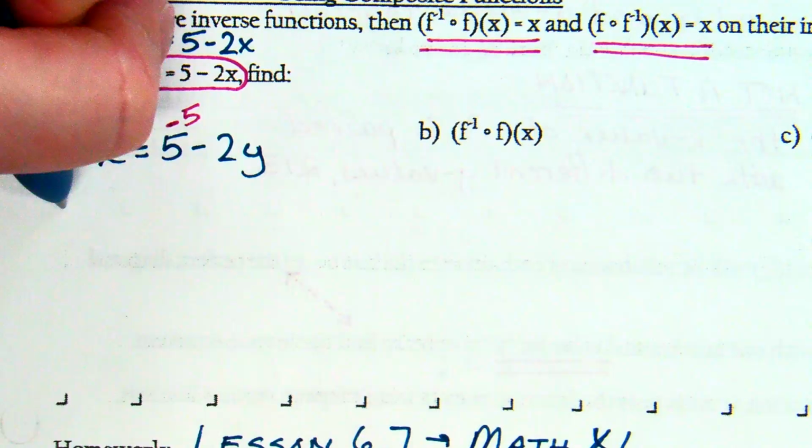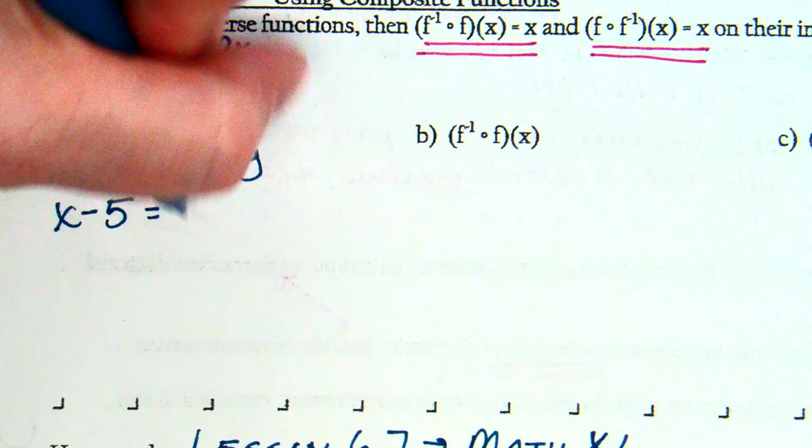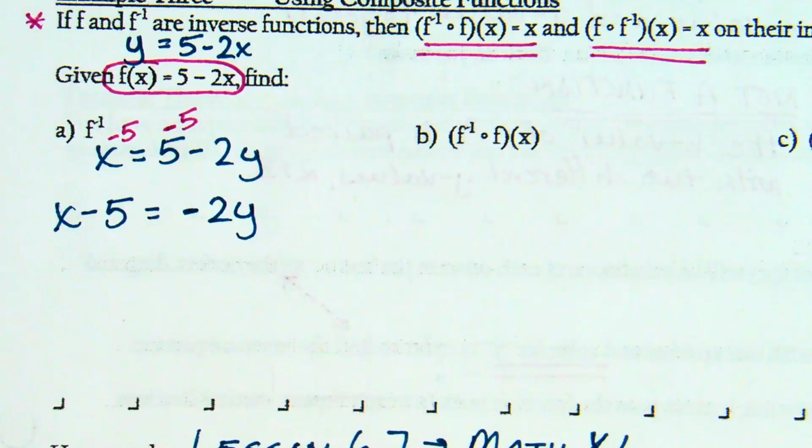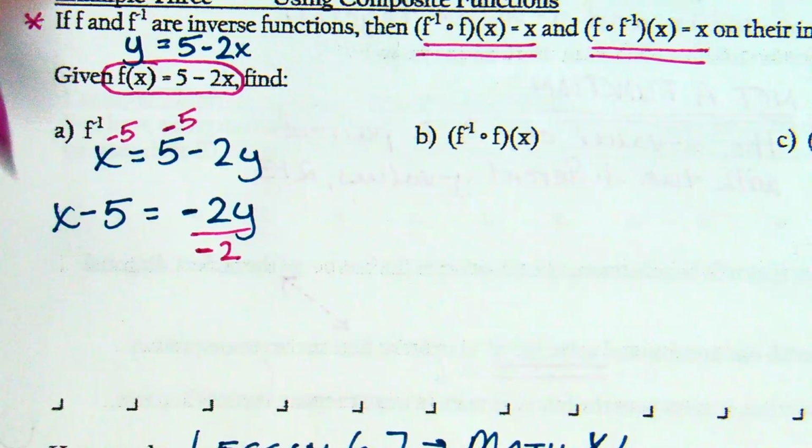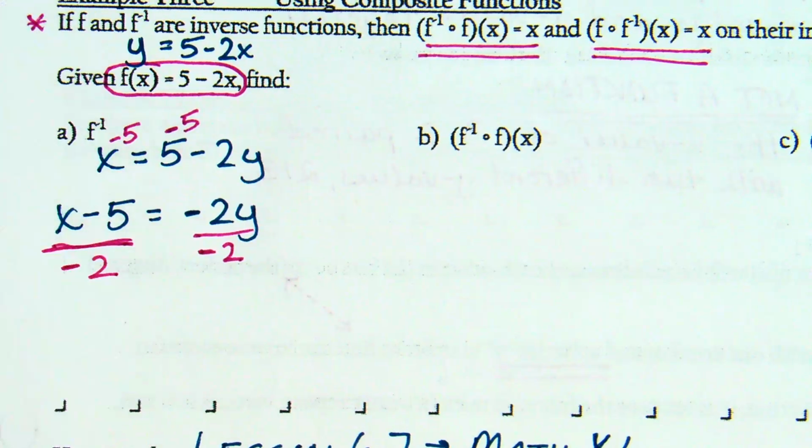We can make this 2 fractions or leave it 1 fraction. I think I'm just going to leave it 1 fraction, honestly. So negative 2y divided by negative 2 leaves me with y. x minus 5 divided by negative 2. Now, officially, if I want to give official notation, instead of y, what should I say? f inverse of x. x minus 5 divided by negative 2.